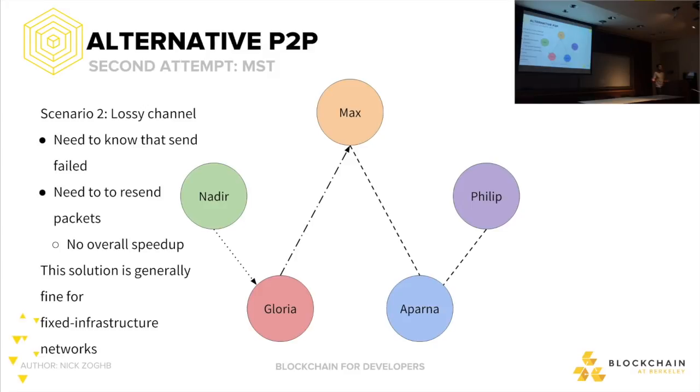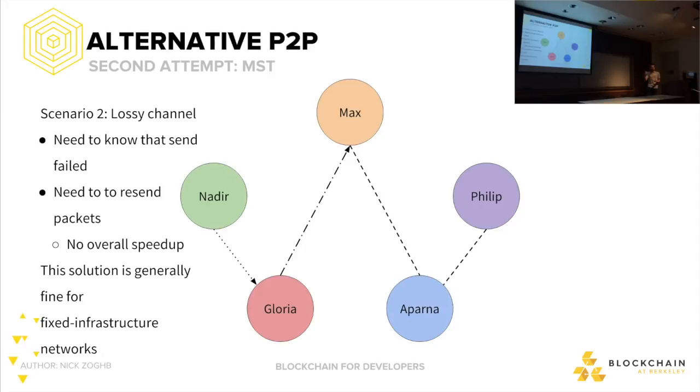That's obviously bad. What makes it worse is that Max, if he's online, may not even ever know that he's being sent packets. So what is the exact issue here? The issue is that using an MST model forces us to connect to only one peer.